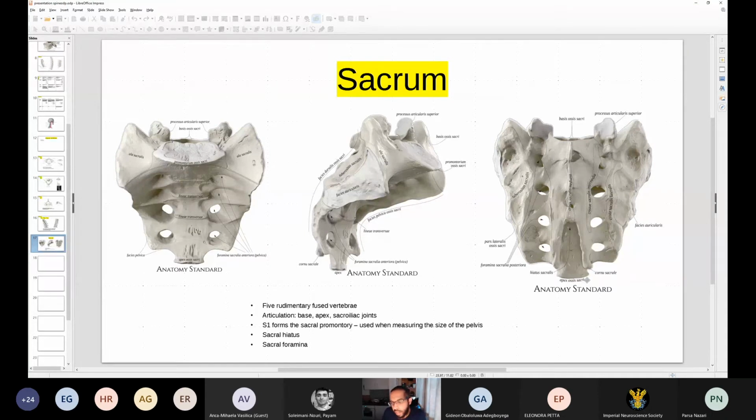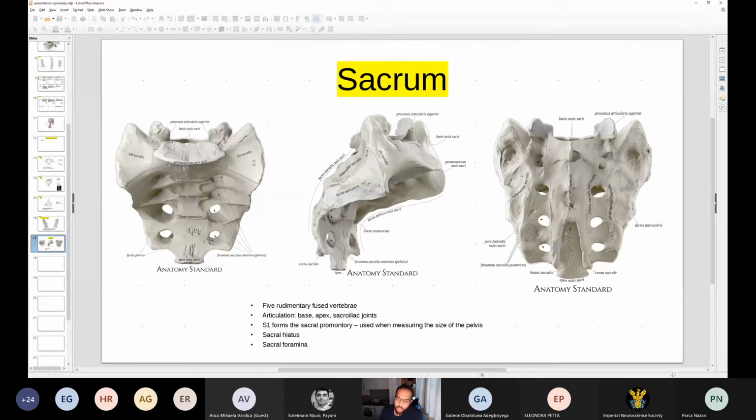It has a sacral hiatus, and this is just a deficiency of the laminae meeting in the middle. We said the laminae meet in the middle, and they form a spinous process here. You don't really have a fully developed spinous process here. However, you have some cover in this area.